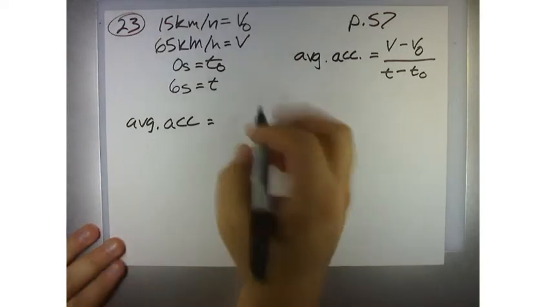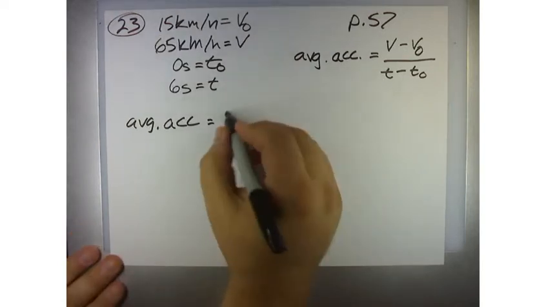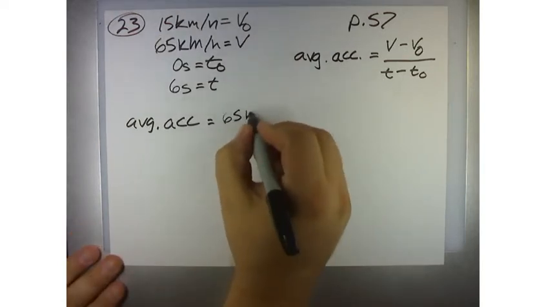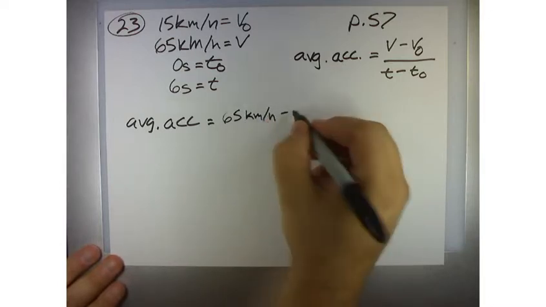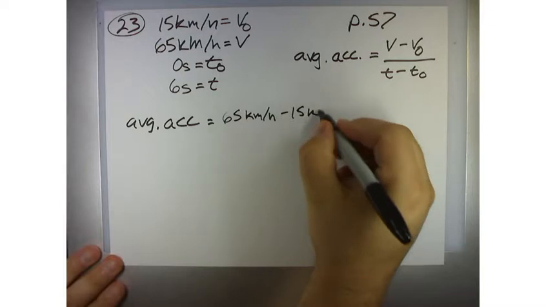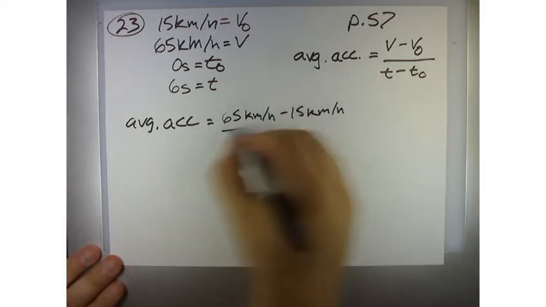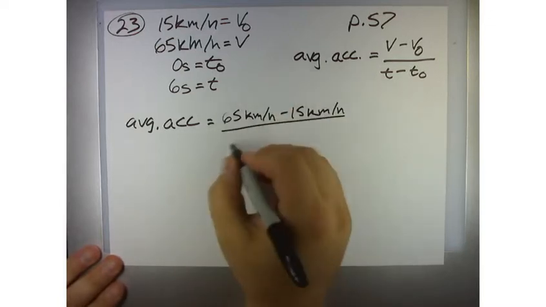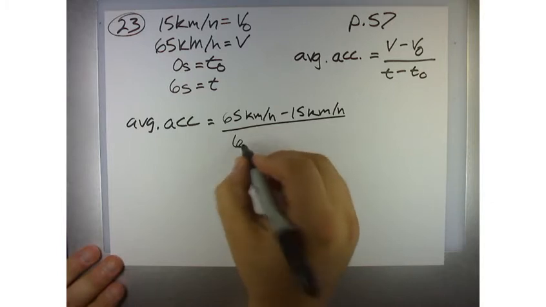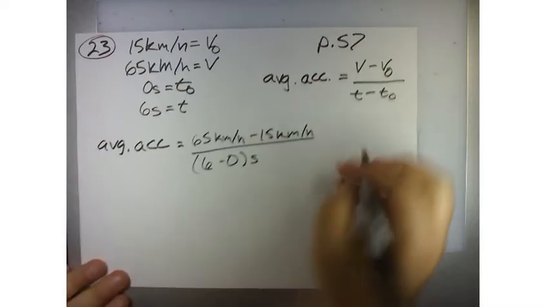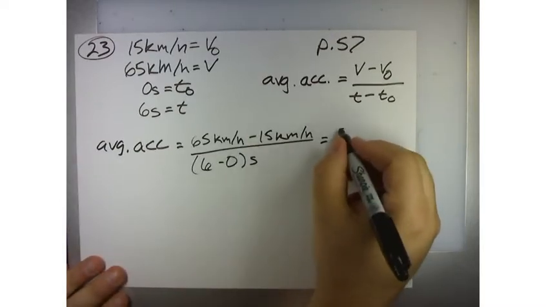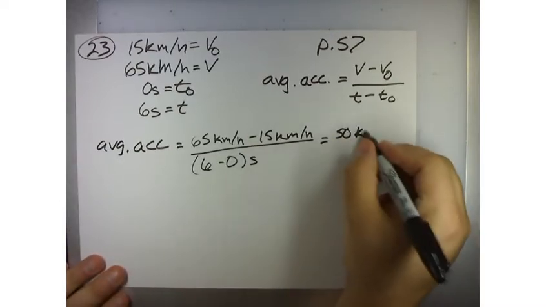So if I take the final velocity, which is 65 kilometers per hour, minus 15 kilometers per hour. Now notice Mr. Adams is writing down his units. You need to do that too. And then I say 6 minus 0 seconds. What I end up with is 50 kilometers per hour.